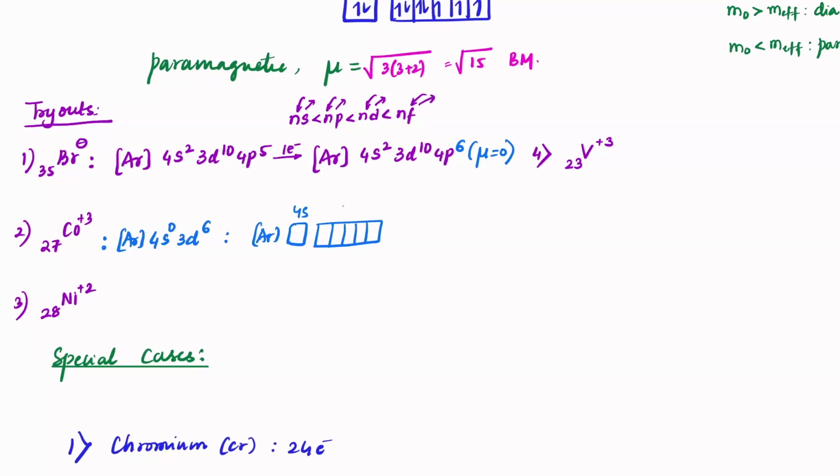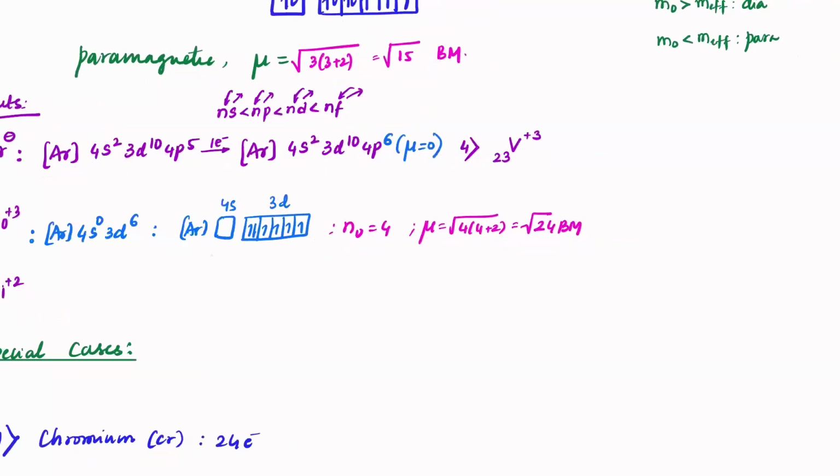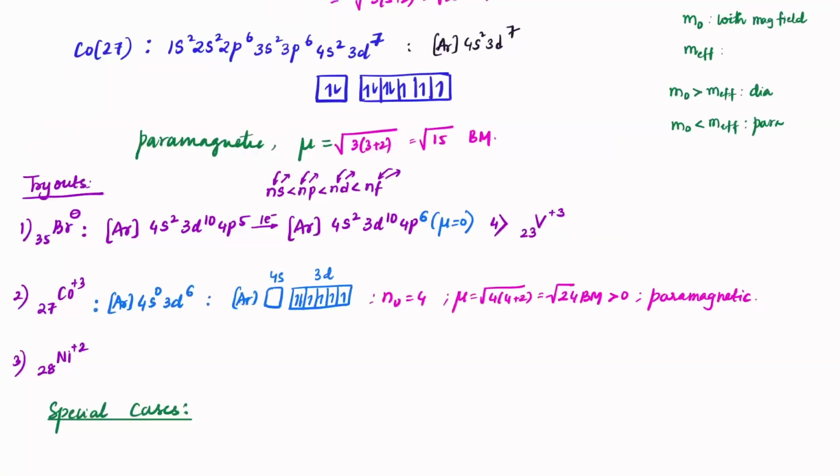We have 6 electrons here, 1, 2, 3, 4, 5, 6. This is the way we distribute. Now you can notice that the number of unpaired electrons is actually 4. So the mu value is under root of 4 into 4 plus 2, which is root 24 Bohr magnetons. And since mu is greater than 0, it is a paramagnetic species. Please check this out. This is how you need to solve it.